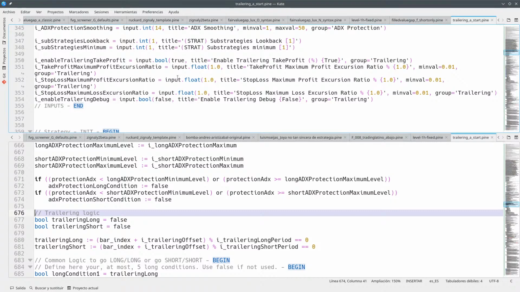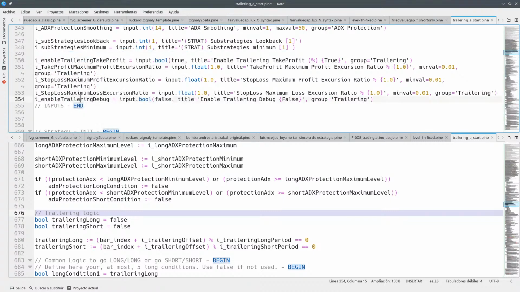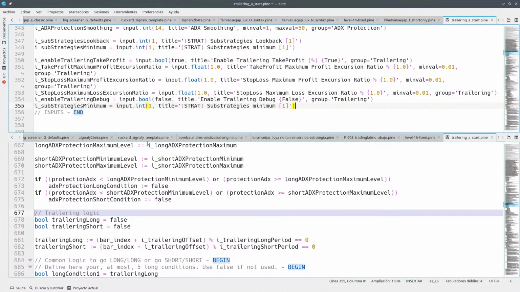So these are integers, like this one here. So this should be minimum 0. So the offset might be 0. That makes sense.